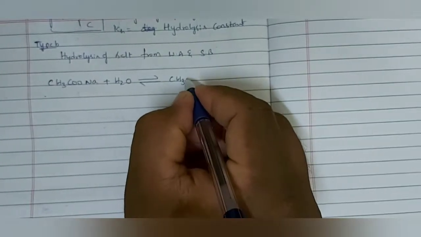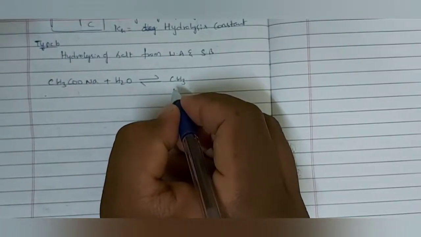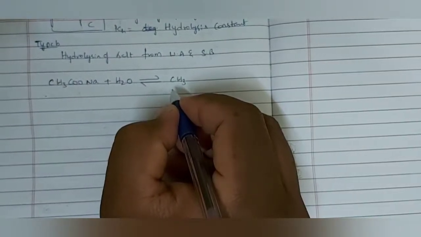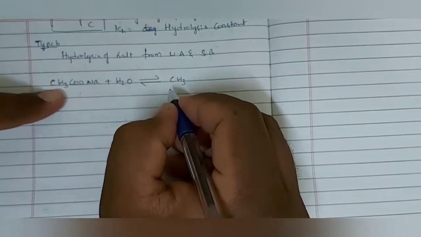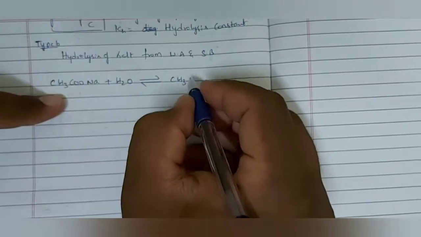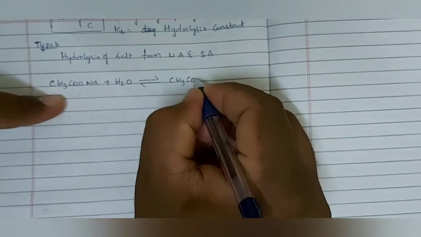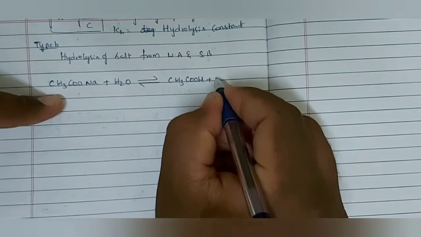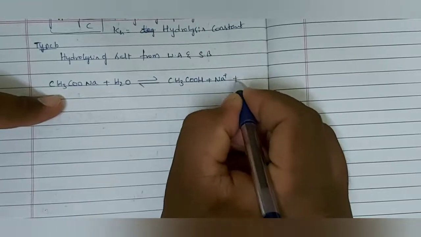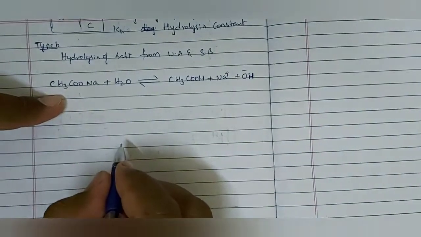CH3COOH, it is a weak acid. It will give a strong conjugate base. So CH3COO minus is strong here. It will abstract H plus to form CH3COOH plus Na plus OH minus.